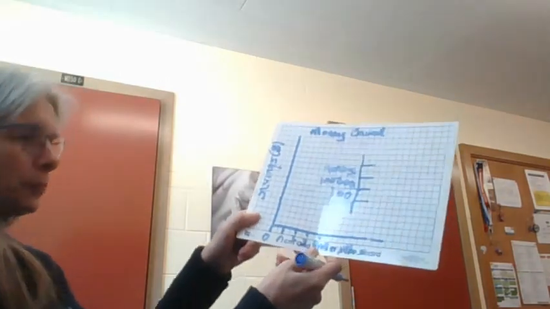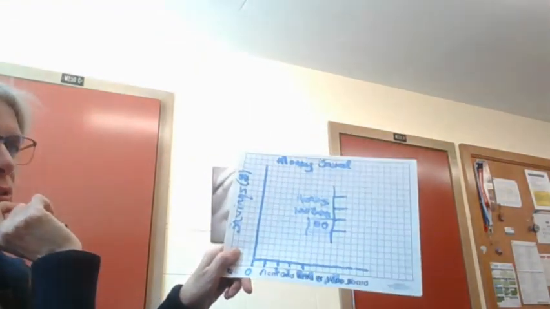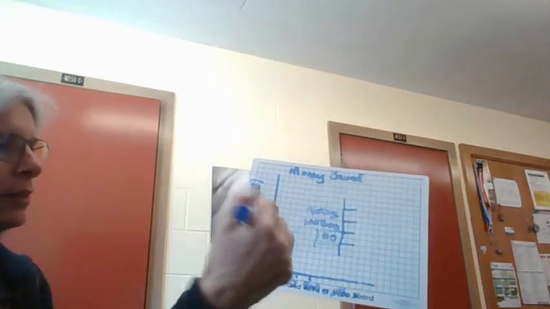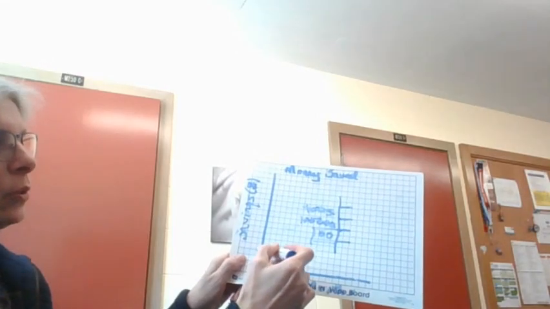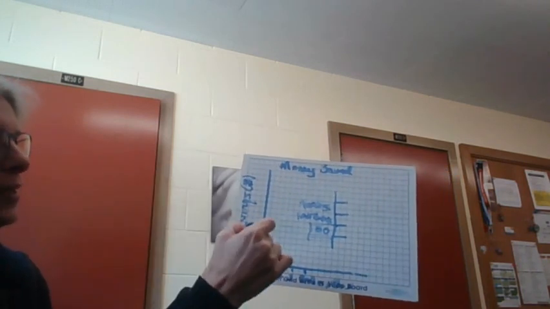So if your savings start at $400 and it's only going up by a teensy tiny bit, you don't want to go 100, 200, 300, 400 and just start hitting the money up here. That's a waste of all this space. So you have a choice.